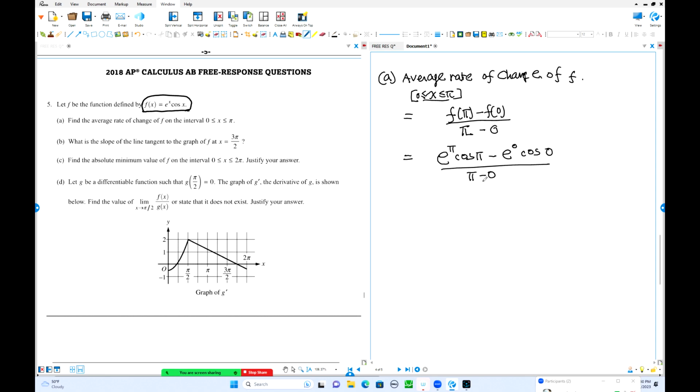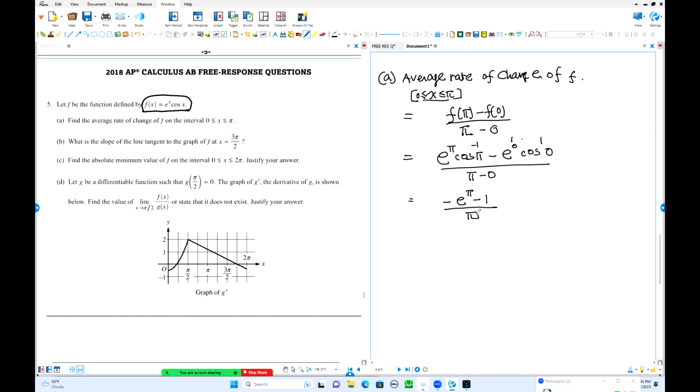That is the average rate of change between 0 and pi. Cosine pi is negative 1, you know that. Cosine 0 is 1, and e to the 0 is also 1. So negative e to the pi minus 1 over pi.